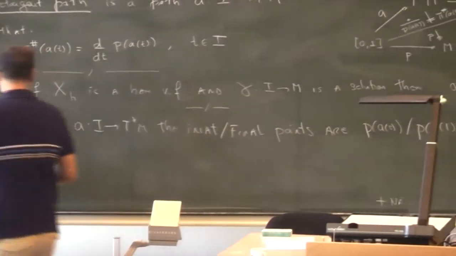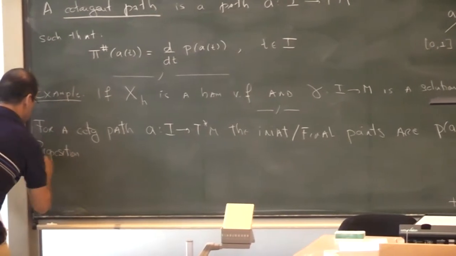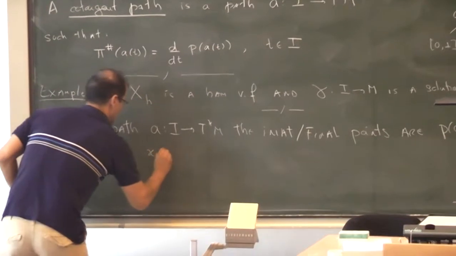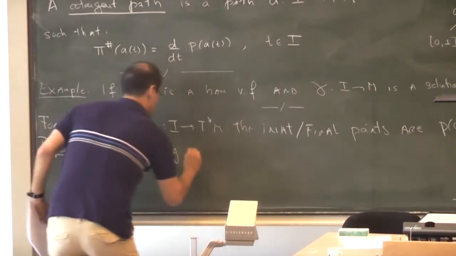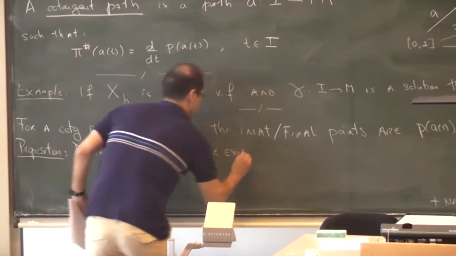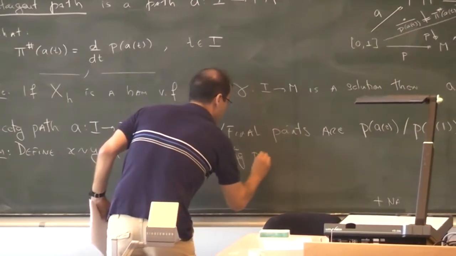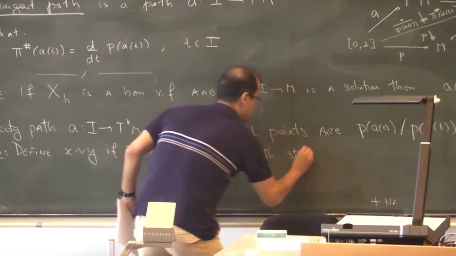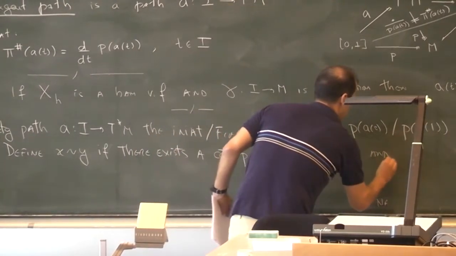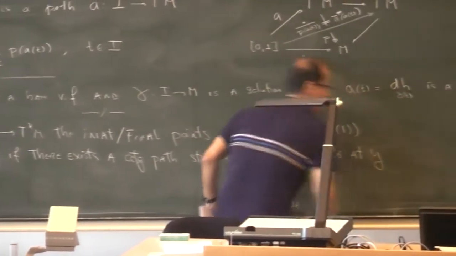Okay, so the proposition is the following. Define x to be equivalent to y if there exists a cotangent path starting at x and ending at y.